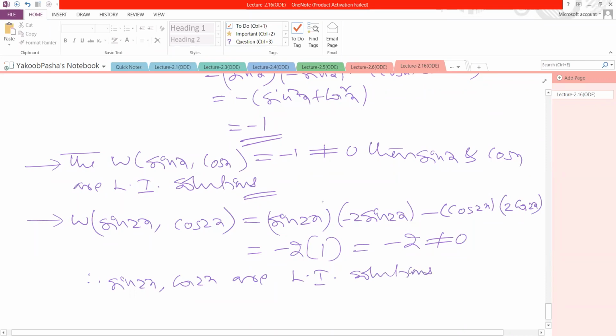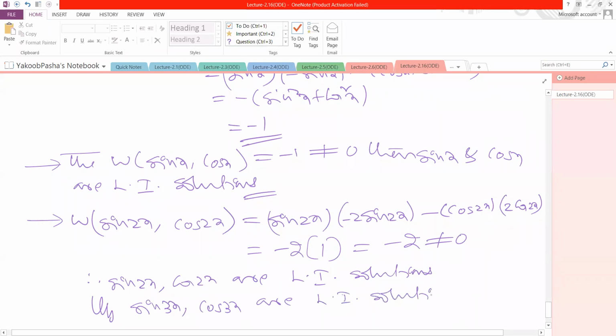Similarly, we can say that sin 3x, cos 3x are also linearly independent solutions.